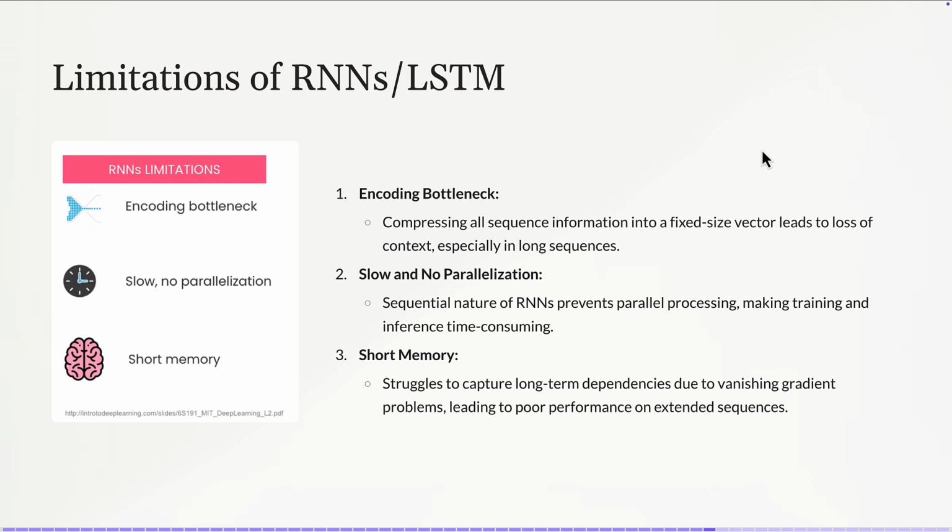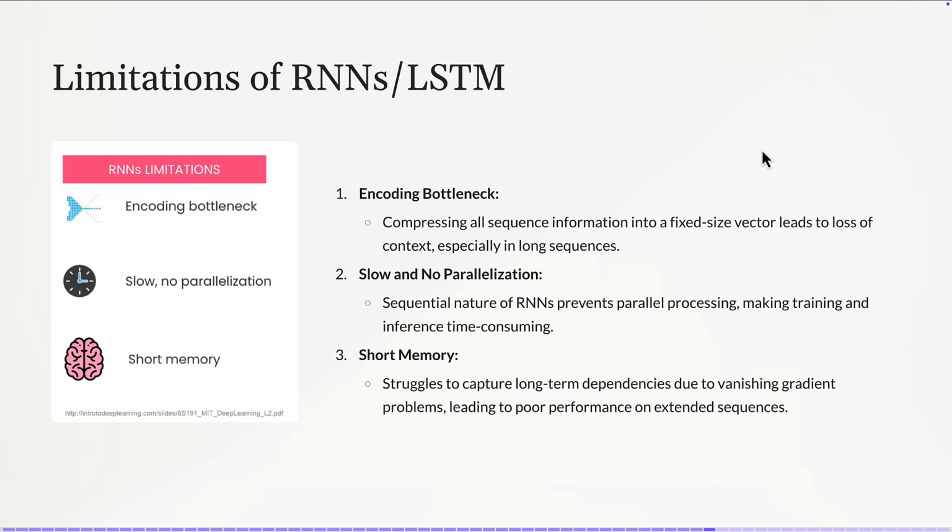Now, limitations: RNN and LSTM both have limitations. It's true that LSTM is able to mitigate the issue of the memory, but it's still limited. It's a short memory. Another issue is the encoding bottleneck. This means compressing all sequence information into fixed-size vectors leads to the loss of context, especially in long sequences.